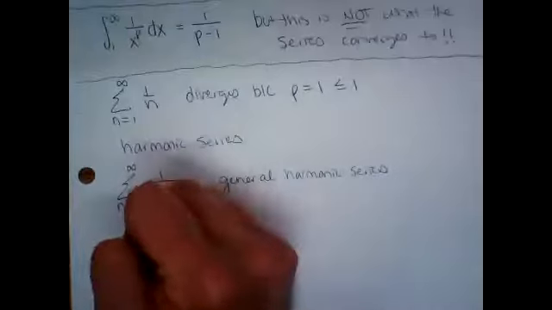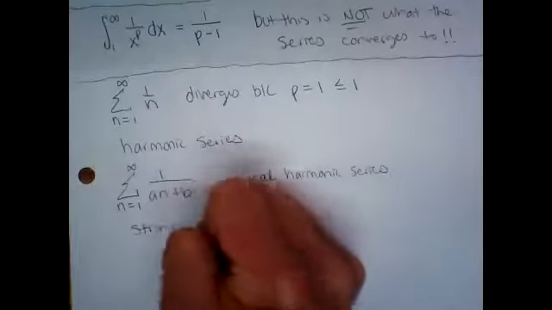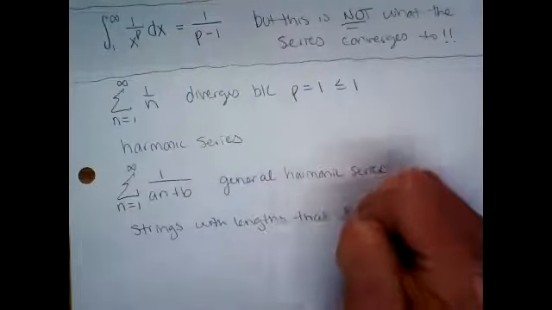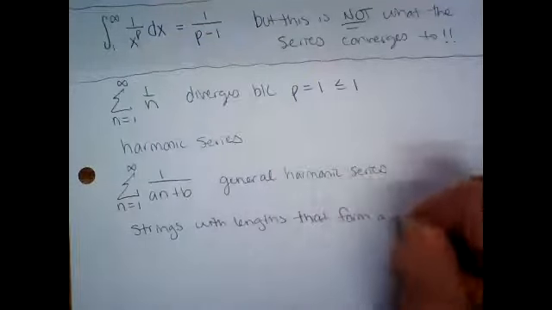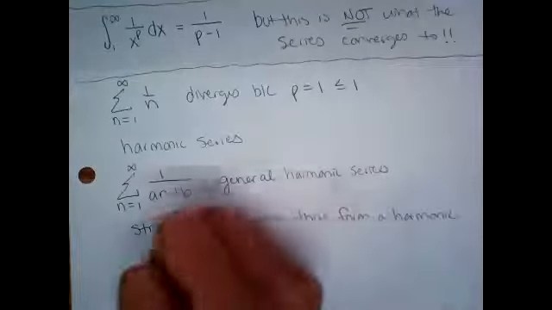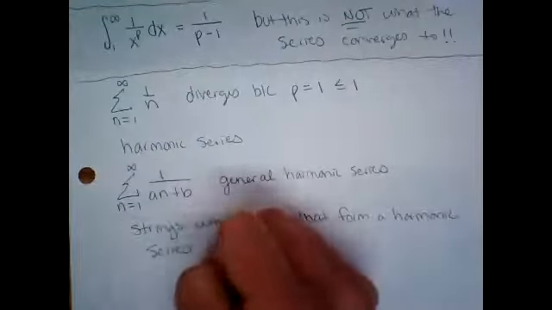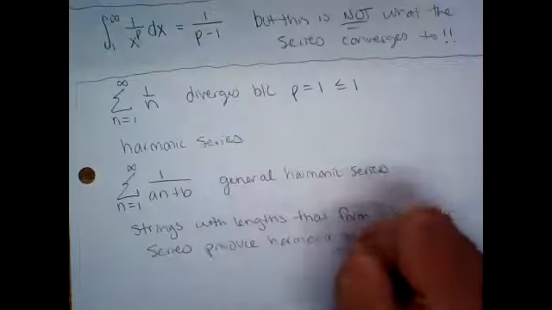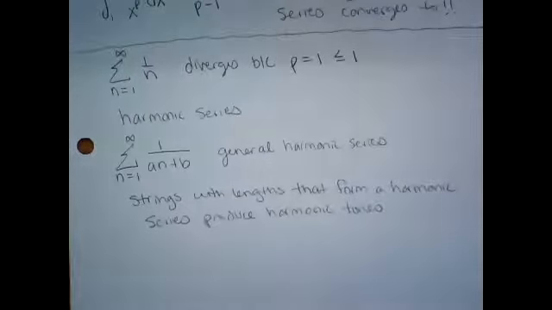And what's cool about that is strings with lengths that form a harmonic series produce harmonic tones. So if you're into music or play a stringed instrument, I just think that's cool. If you list out the values in the series, and then have an instrument with strings that are those lengths, they'll create harmonic tones. That's cool.